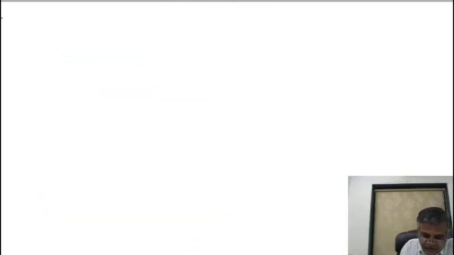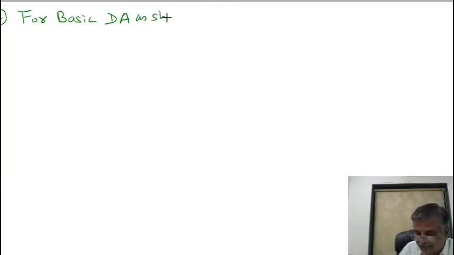This numerical is very important. We are asking sometimes a 10 marks question. Question, I am telling you now, numerical question for a basic differential amplifier circuit as shown in figure.